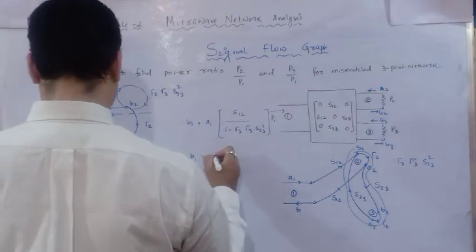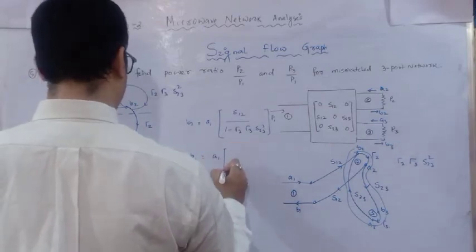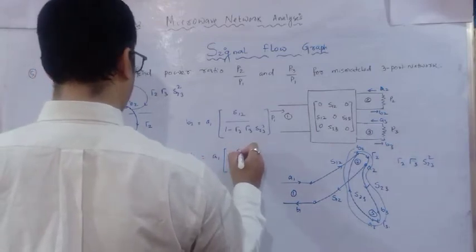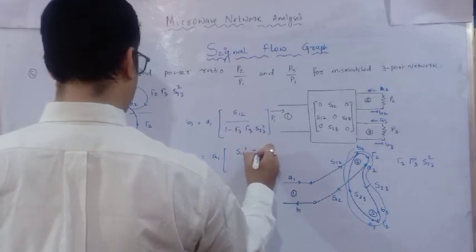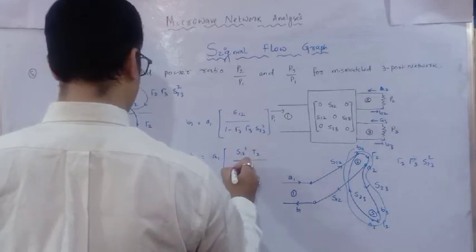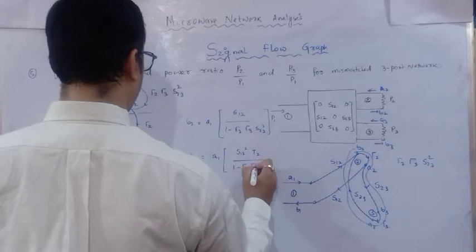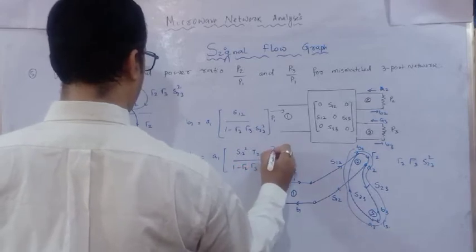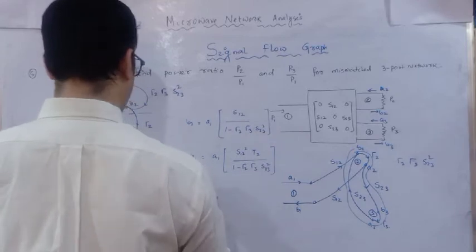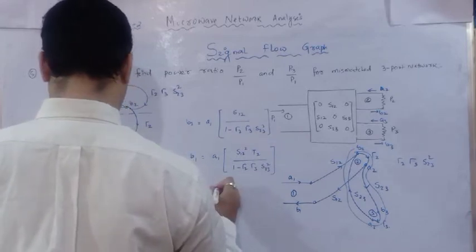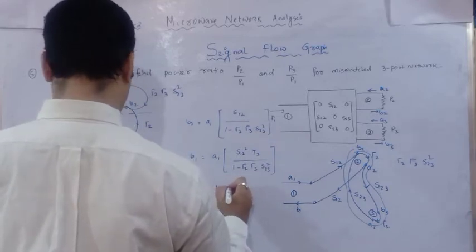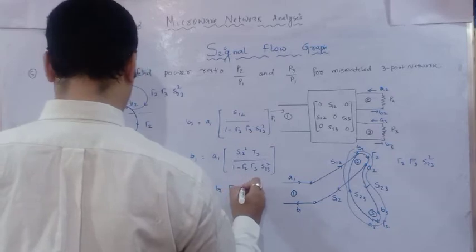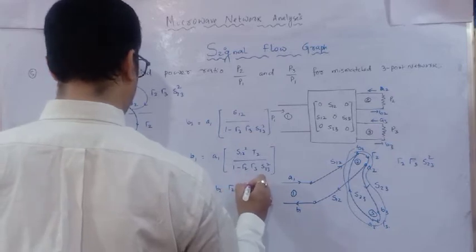So here, in terms of A1 it is S12 square, reflection coefficient 2, 1 minus reflection coefficient 2, reflection coefficient 3, S23 square. Okay, and then B3 is equals to B2 reflection coefficient 2, S23 square.